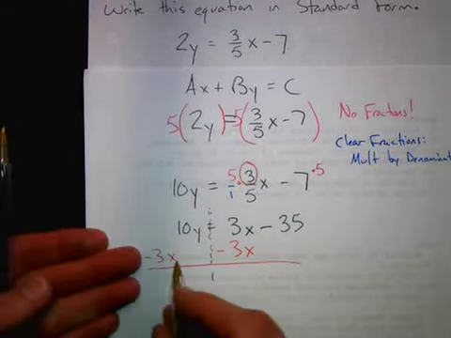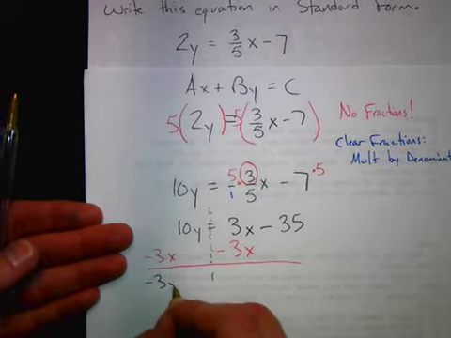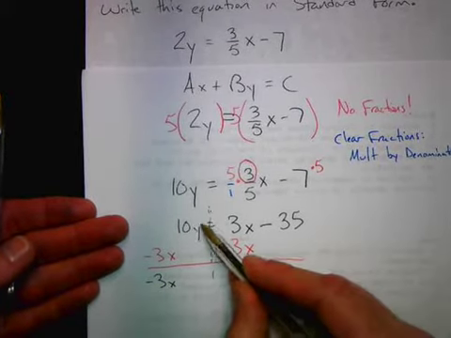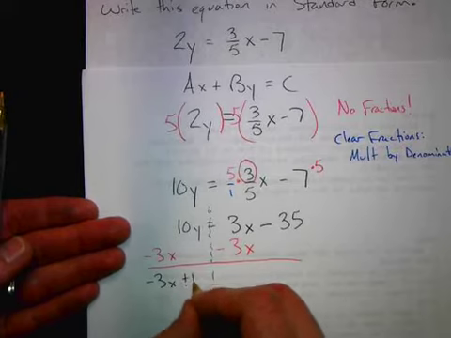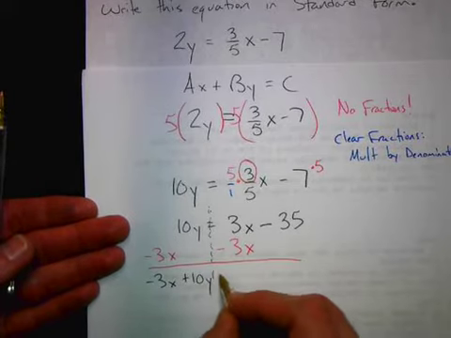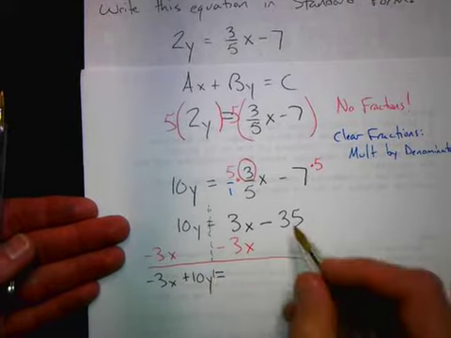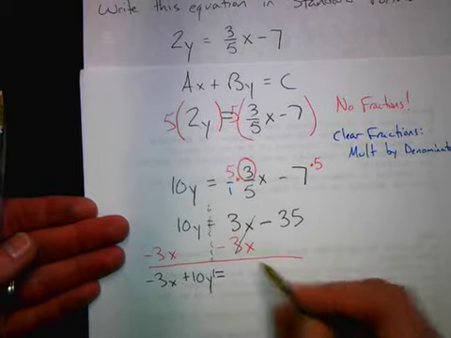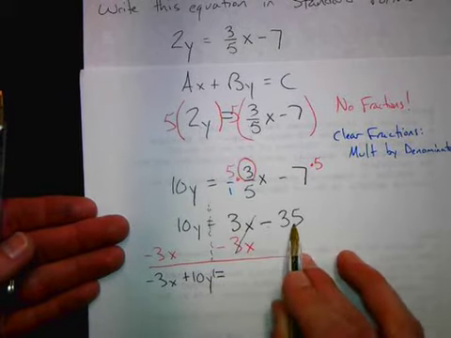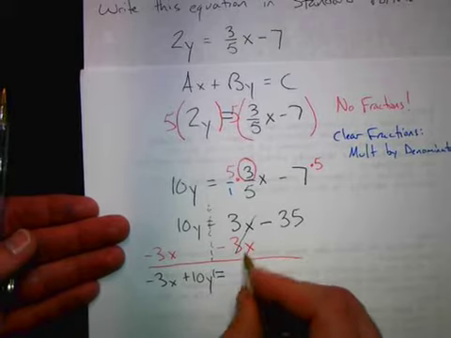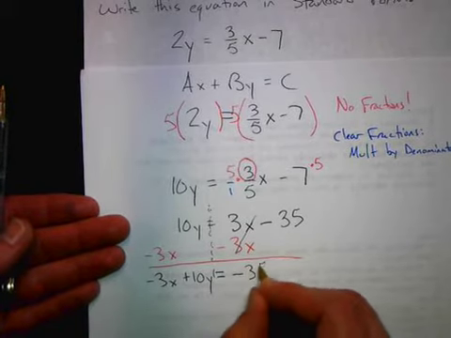I've subtracted 3x from both sides, so I have negative 3x. This was a positive 10y, so I have plus 10y. And then my equal sign came. Now 3x minus 3x cancels, and it leaves you with negative 35. Don't forget that minus sign belongs to the 35, so it's negative 35.